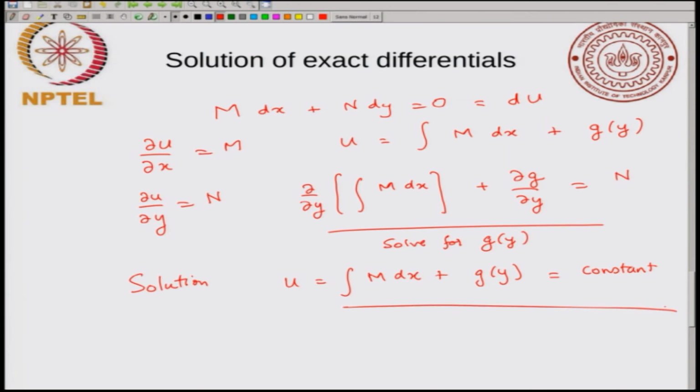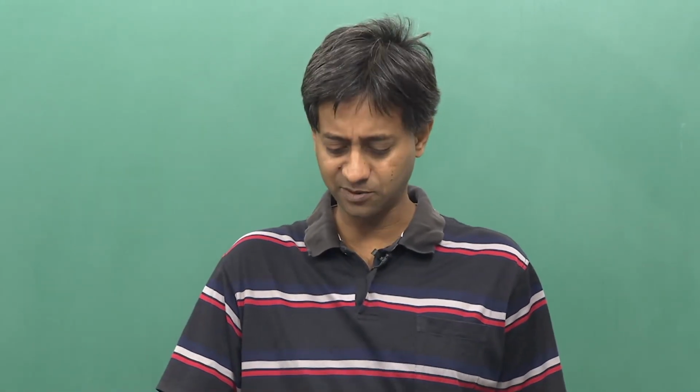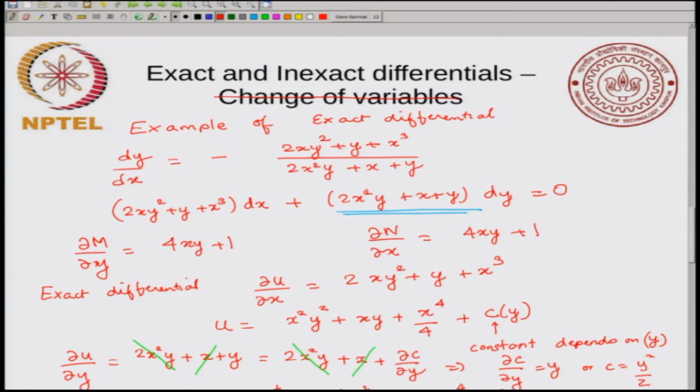Okay. So, we see how you can use the idea of exact differentials to actually solve a differential equation that otherwise, if you did not use this idea, actually looks very complicated. If you just take this differential equation, it does not look like you can separate x and y. But by going through this idea of exact and inexact differentials, we actually related the numerator and the denominator to derivatives of some function which is the solution.